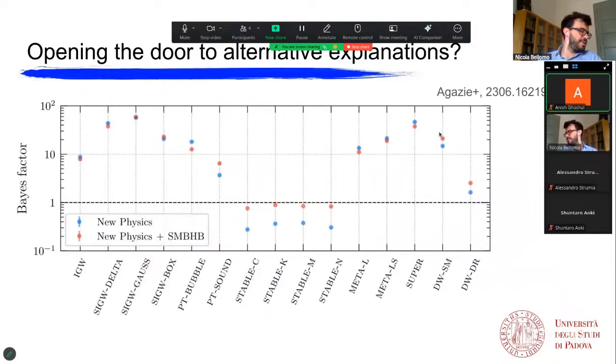This has opened the door to alternatives to supermassive black holes. And here in this plot, I don't plan to enter in the details of all the different models listed on the x-axis, but it seems that many alternatives are strongly preferred to the basic supermassive black hole explanation, with a bias factor of, let's say, order 10 or more.